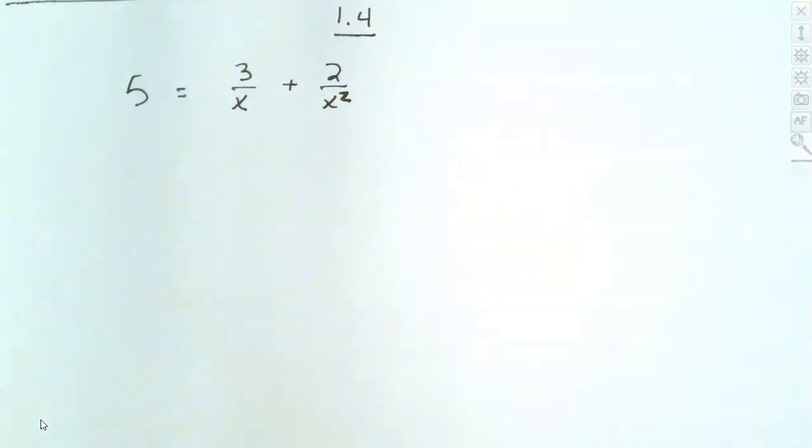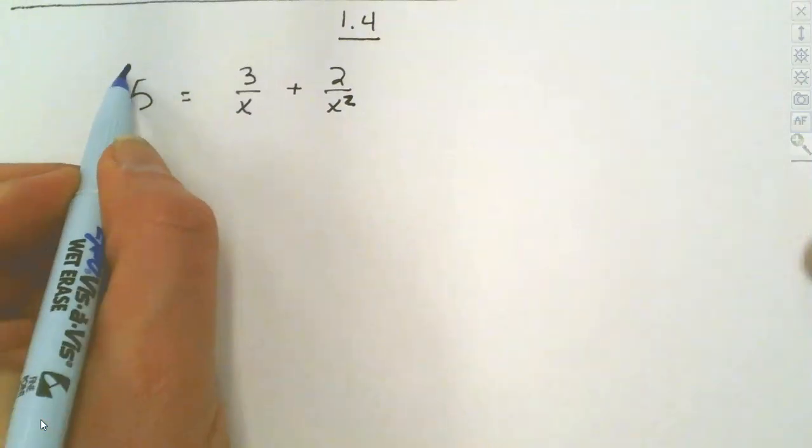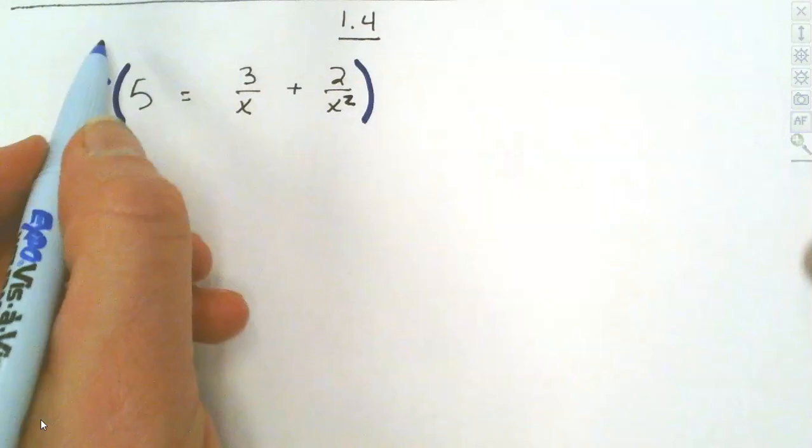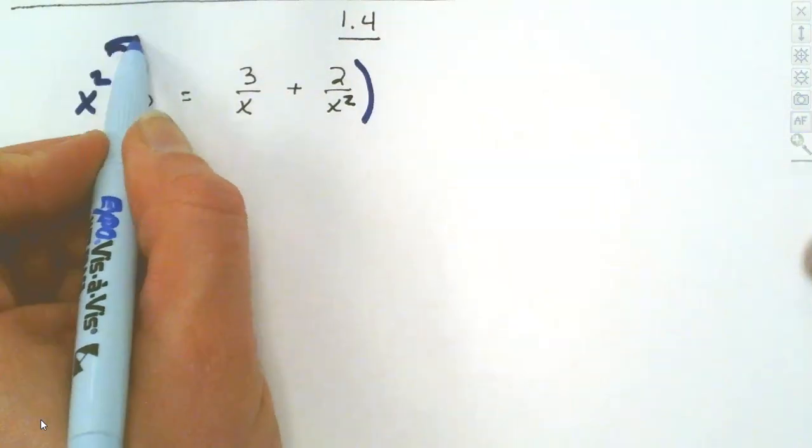Now again, we never want to put fractions into the quadratic formula. And notice in this one the x is down below. And we want to clear out the fractions. So our highest power is an x squared. So we're going to multiply all the parts by an x squared.